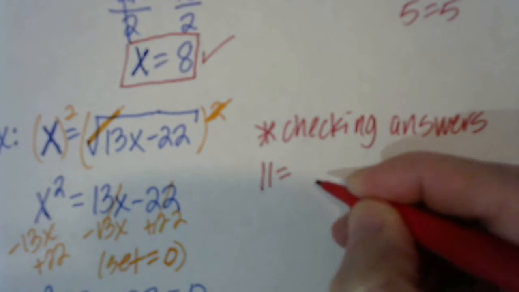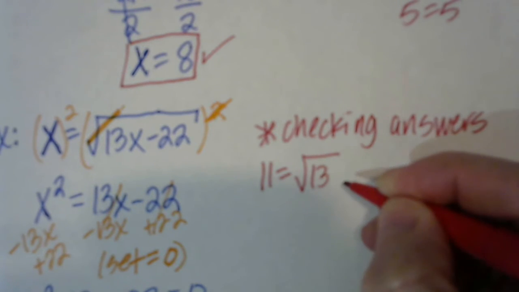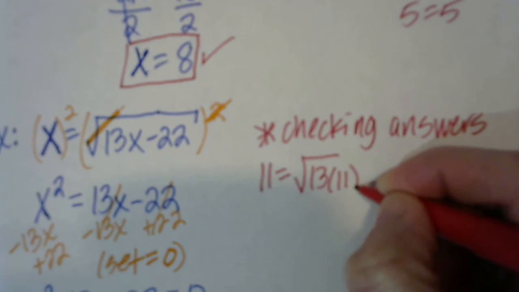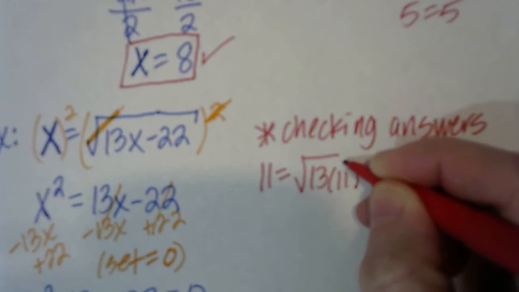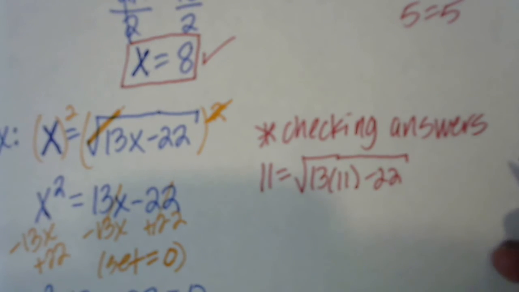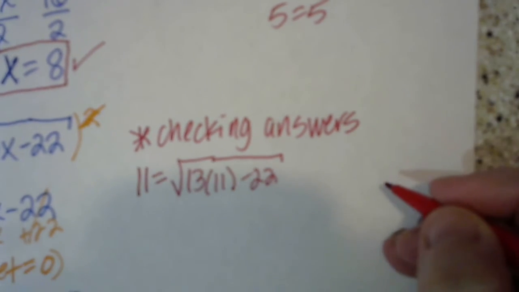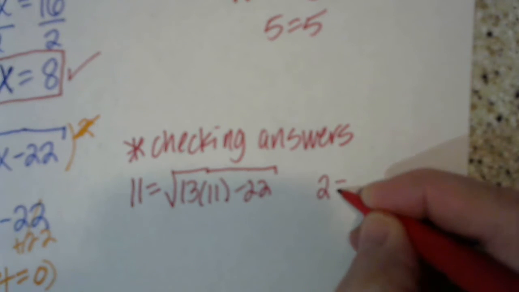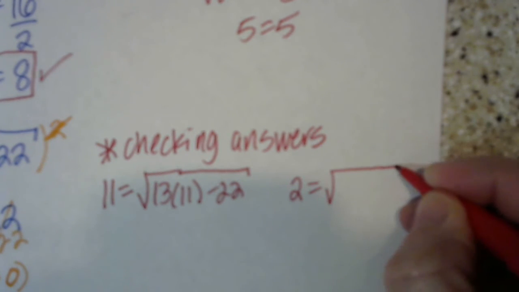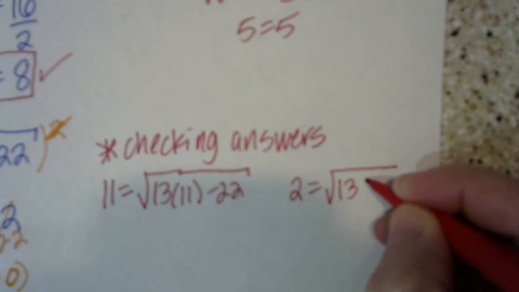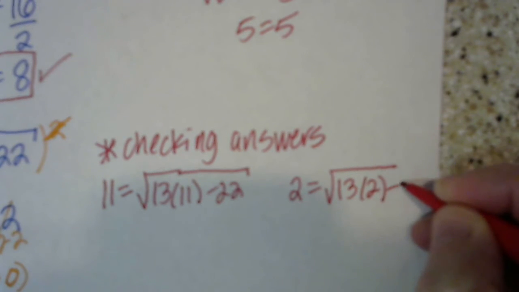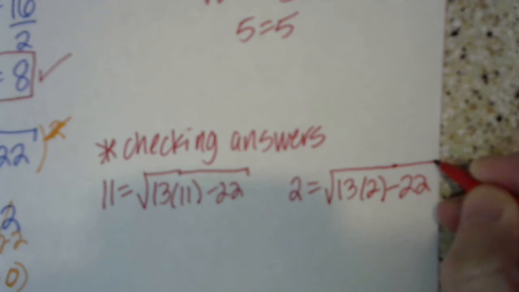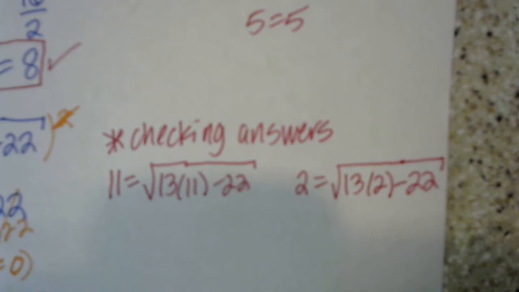So 11 equals the square root of 13 times 11 minus 22. The other one I have to check is 2. So 2 equals the square root of 13 times 2 minus 22. So I got to check both of those.